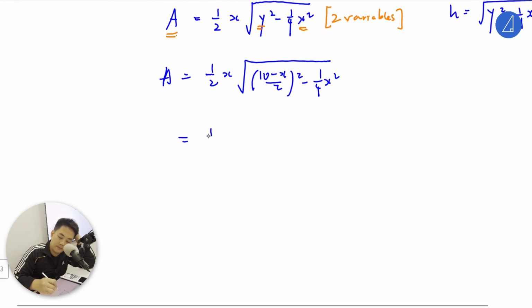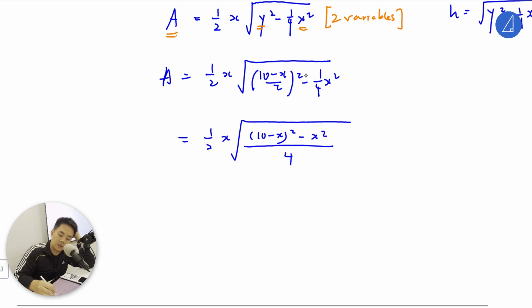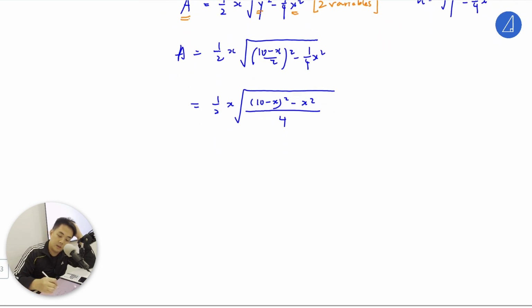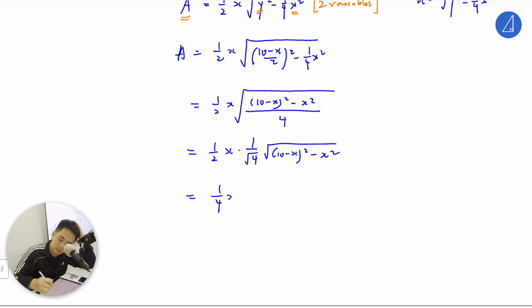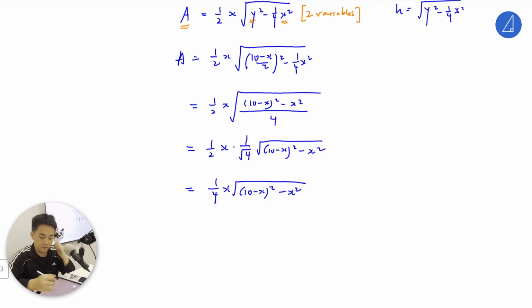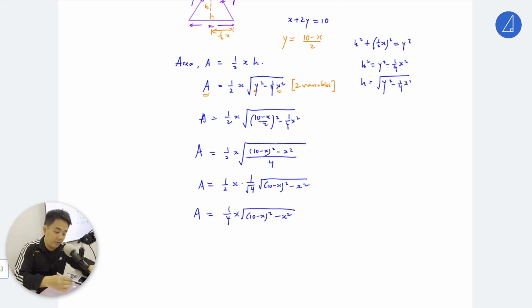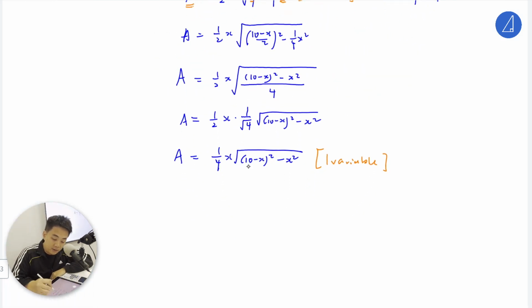So I change it to one variable. So the next one is a squared minus b squared, right?